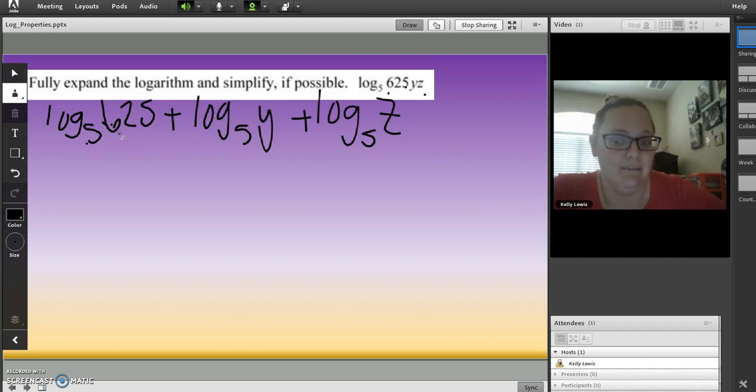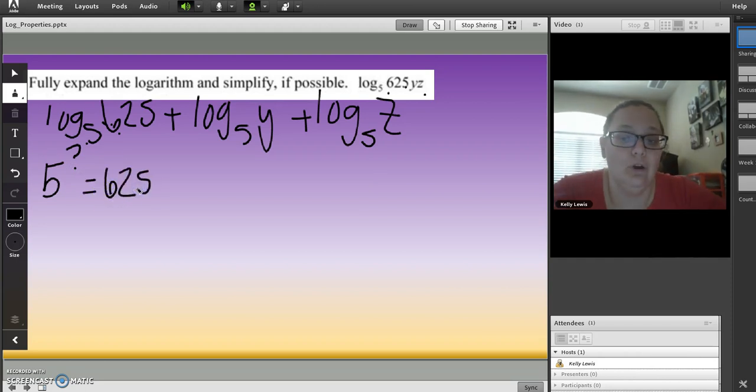There's two ways we can simplify it. One, we can rewrite it and say, okay, 5 to some power, you can write a question mark or an x, is 625. Or you could do change of base in your calculator, log 625 divided by log 5, and see what that is.